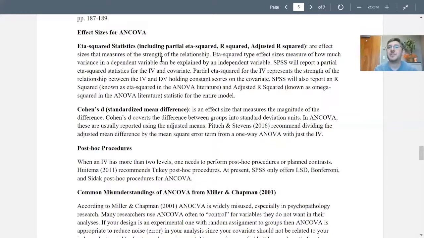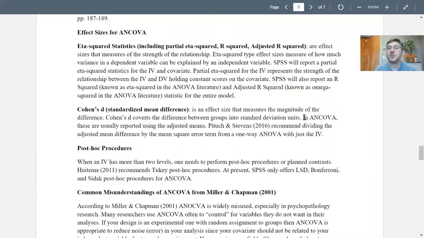All of these statistics, you'll hear them called eta squared, partial eta squared, R squared, adjusted R squared, really measure how much variance in the dependent variable can be attributed to or explained by the changes in the independent variable of interest.